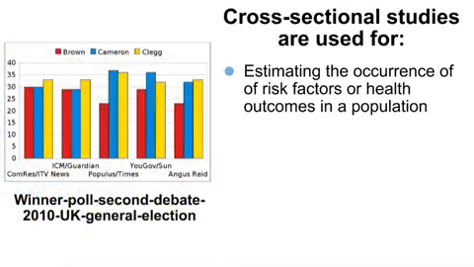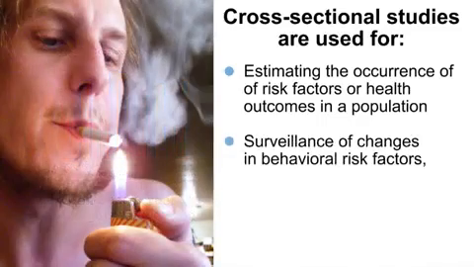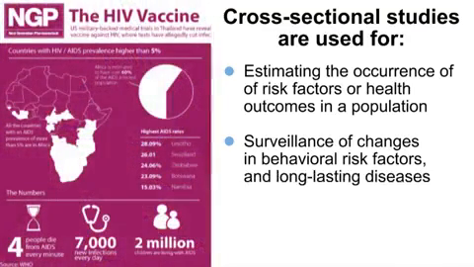Opinion polls and political polls are basically cross-sectional studies. Surveillance of changes in smoking habits or of other behavioral risk factors are sequential cross-sectional studies. Similarly, surveillance of long-lasting diseases such as AIDS are cross-sectional.